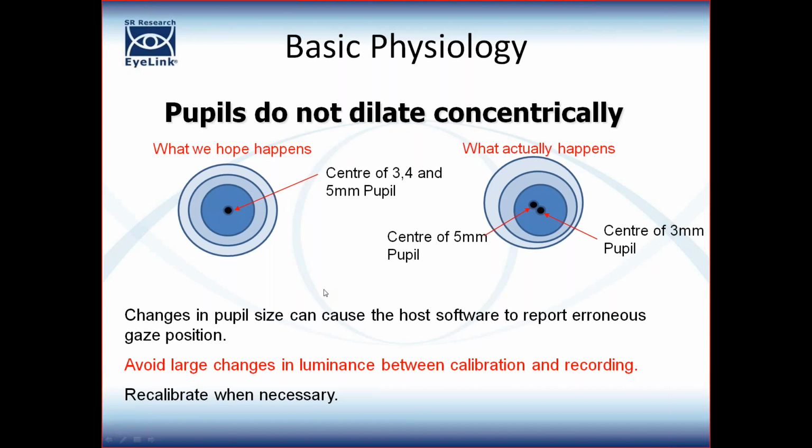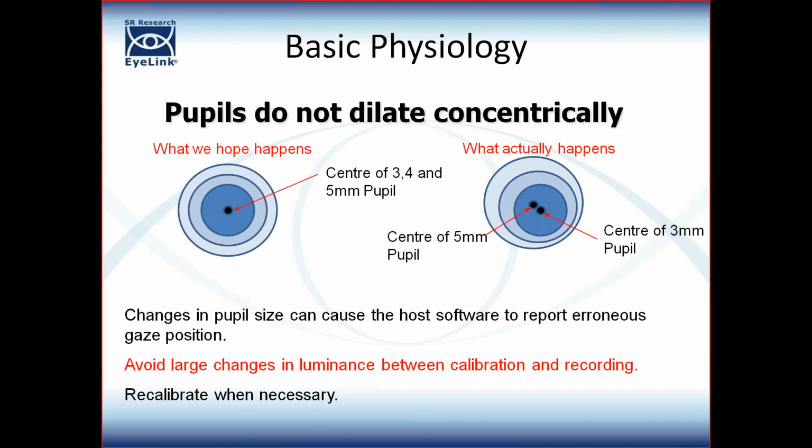This has consequences which I'll mention now for gaze data. So not pupil data, but the gaze data, the X and Y location reported by the eye tracker as to where you are looking. Sometimes people, for example, calibrate with a white dot on a black background, and then their targets are a red target on a white background.